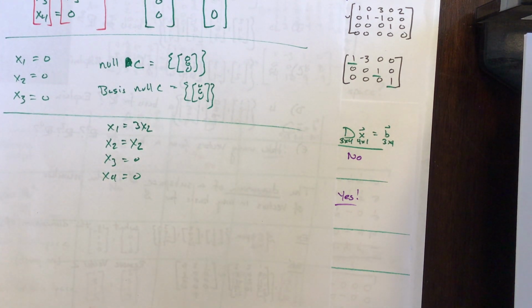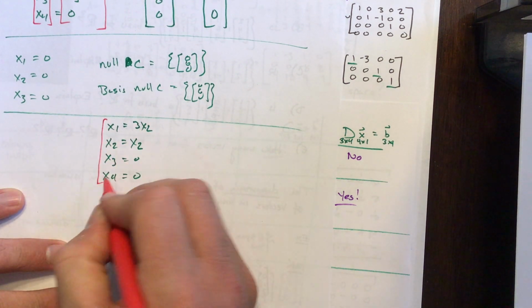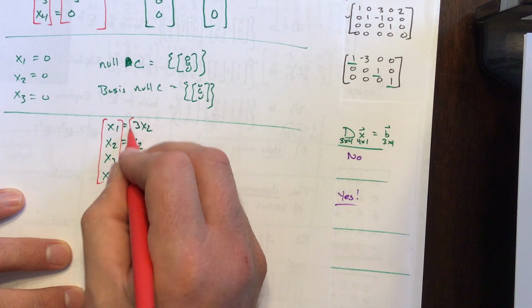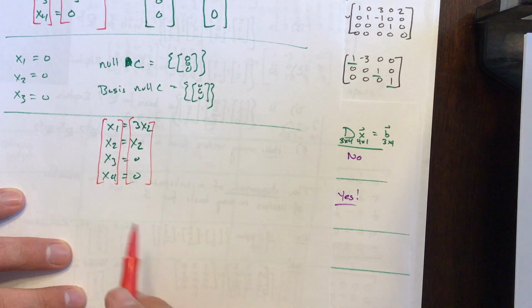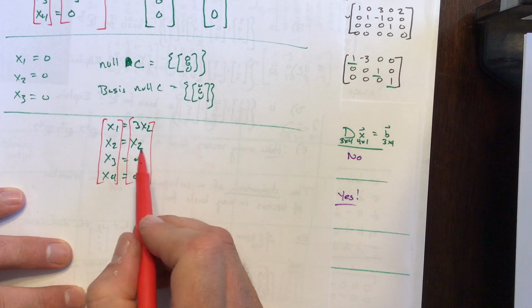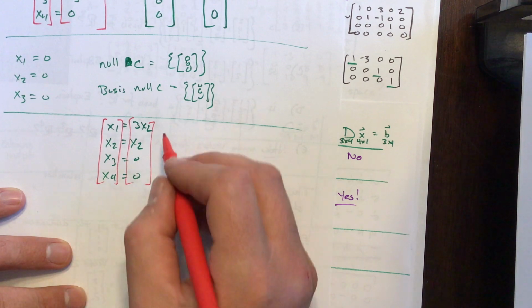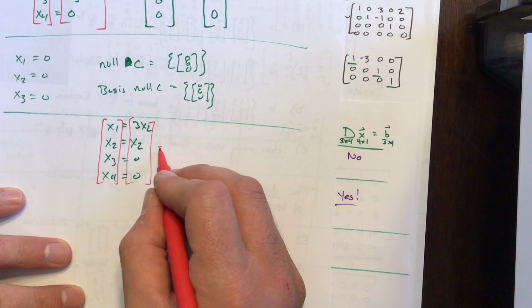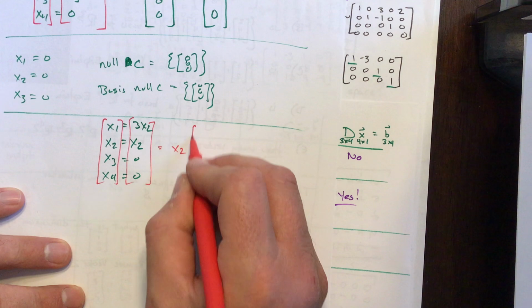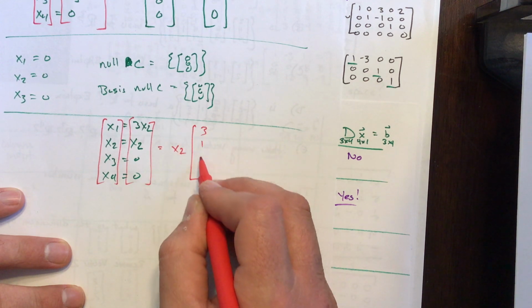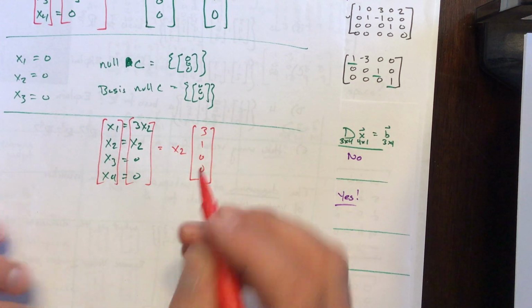So the null space of the matrix D is the set of all vectors that take this form. Last component is 0, the third component is 0, x2 is whatever, and x1 is 3 times the second component. So that's going to be the set of all vectors that are scalar multiples of 3, 1, 0, 0.